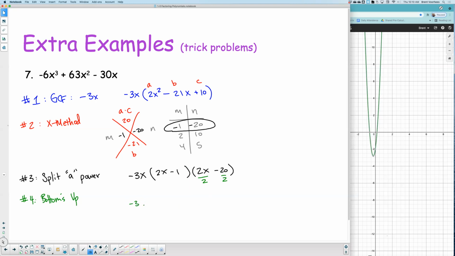So now that means this problem is different. We have 3 linear factors. I have negative 3x, I have 2x minus 1, and I have x minus 10. Bonus points for who can remember from earlier. Which of these 3 linear factors has the steepest slope? The 2x?